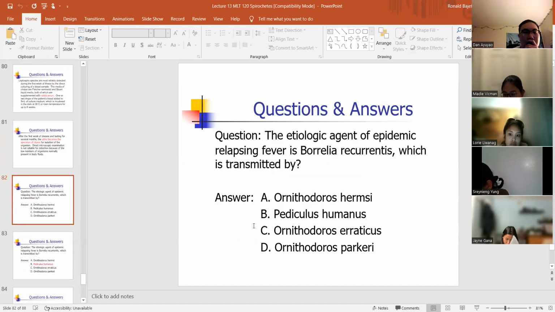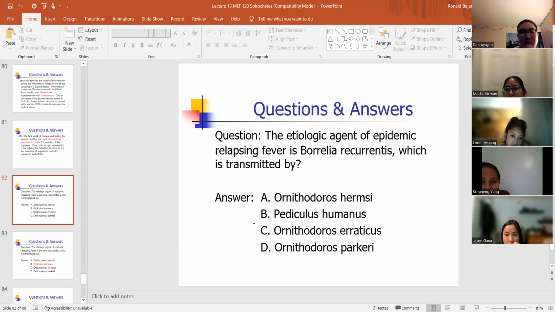Okay, next question. The etiologic agent of epidemic relapsing fever is Borrelia recurrentis, which is transmitted by: Ornithodorus hermsii, Pediculus humanus, Ornithodorus erraticus, or Ornithodorus parkeri. Anybody?